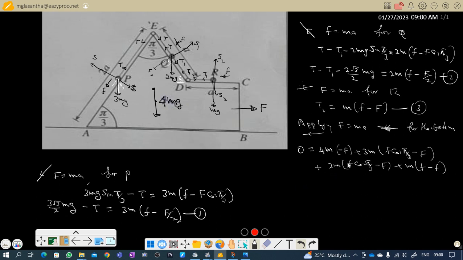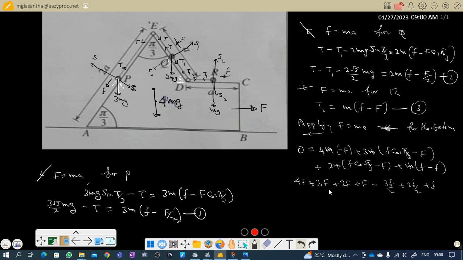If you simplify this one, m gets cancelled. 4f plus 3f plus 2f plus f equals 3f by 2 plus 2f by 2 plus f.